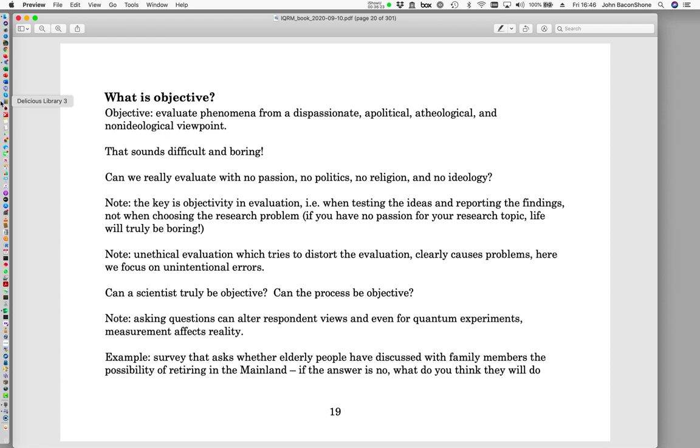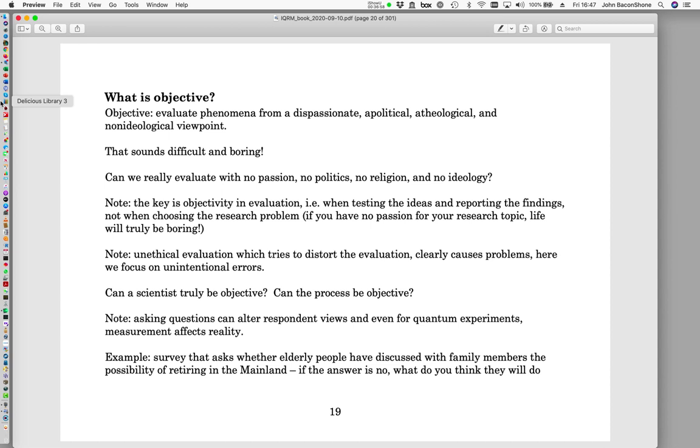This has nothing to do with choosing the research problem. Indeed, if you have no passion for your research topic, your life will be really quite boring. What keeps you going if you don't find your research topic interesting? Maybe you didn't have any say in your research topic at the moment because it was chosen by your supervisor, but at least for the general subject area, I hope you have some passion for it if you intend to spend a considerable amount of time, if not the rest of your life, studying that particular area.